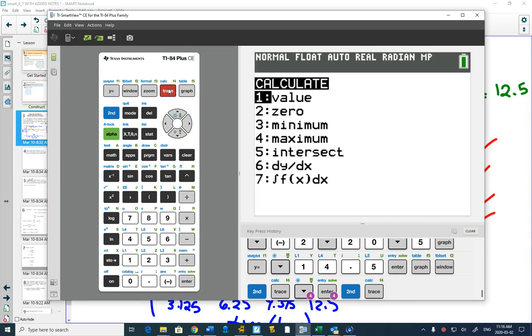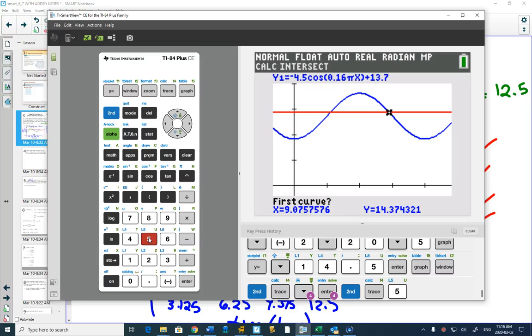If I want to find the other one, I go through that step again. Second, calculate, number 5, intersect, but now I just have to move my cursor to get closer to the other one. If you like to live on the edge, you could stop when you think it's right at the top and cross your fingers. But if you don't want to redo it, go a little bit further. Now it's closer to the other one.